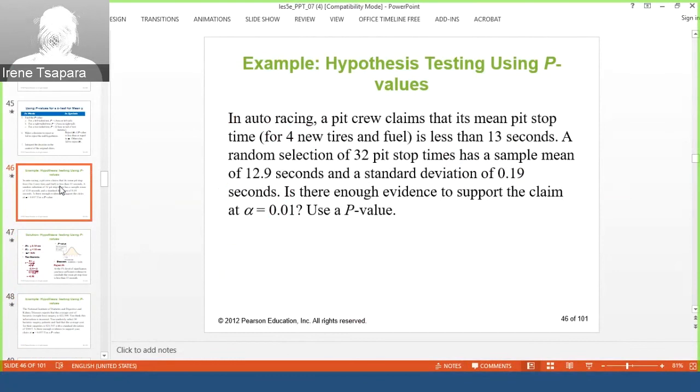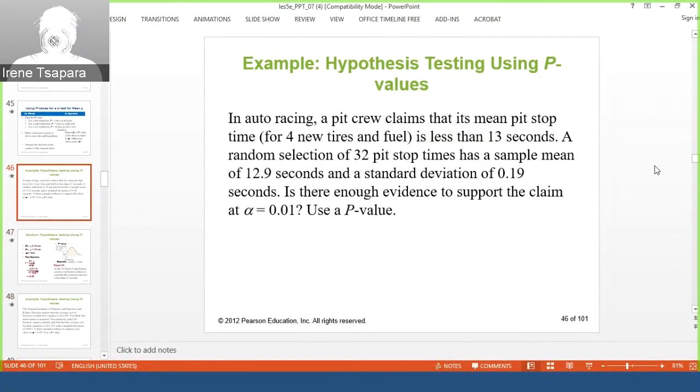Looking at this problem right here, the first thing that I want us to say is, what is the claim? The claim is that the mean value for the stop time is less than 13 seconds. Less than 13 seconds means that the claim doesn't include an equal sign.